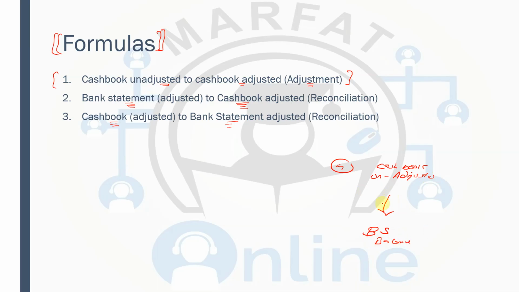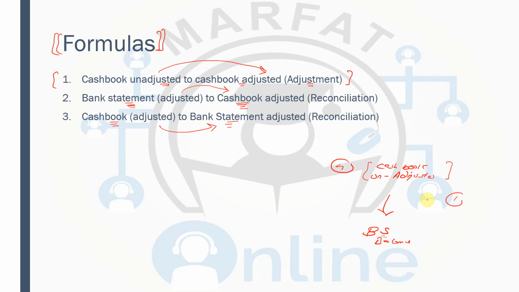Now we do not have any formula which goes from cash book unadjusted to the bank statement, because formula number 1 is cash book to cash book, that means unadjusted to adjusted. Formula number 2 is bank statement to the cash book. Formula number 3 is cash book to the bank statement. But if the fourth scenario is being given in the question, that you have been given the cash book unadjusted balance and they're asking you to calculate the bank statement balance, then first of all apply the formula number 1.